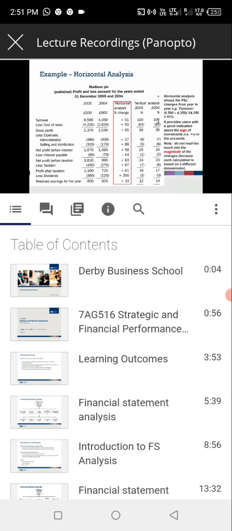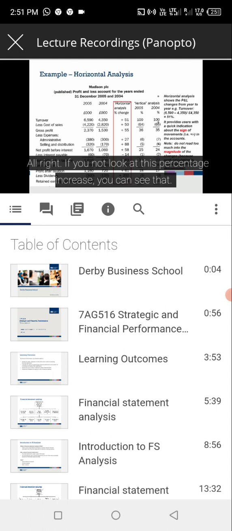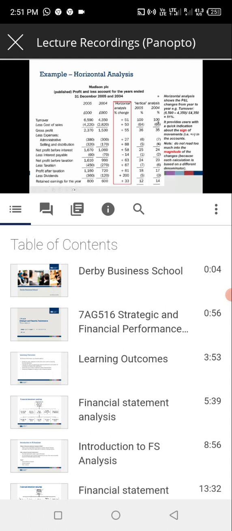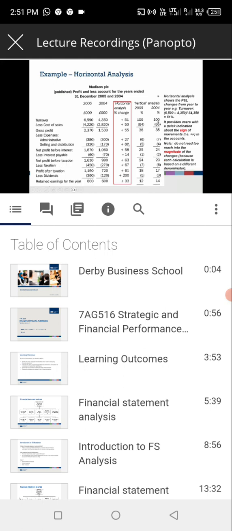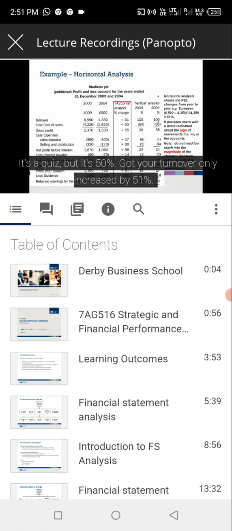All right? If you now look at this percentage increase, you can see that your selling and distribution expenses increased by 88%. But your turnover only increased by 51%.